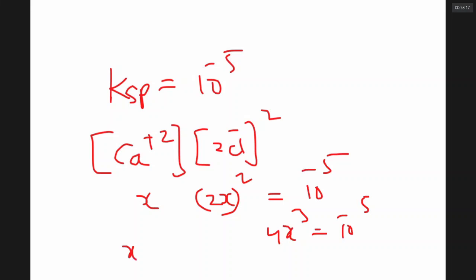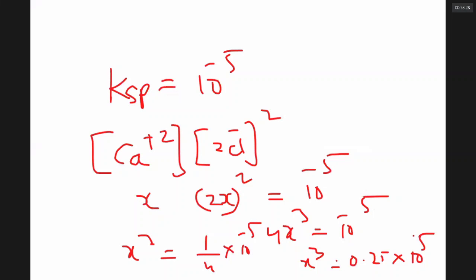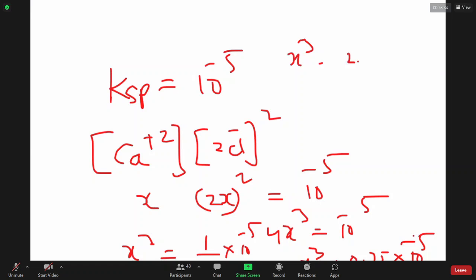X cube is equal to 1 by 4 into 10 to the power minus 5. X cube is equal to 0.25 into 10 to the power minus 5. So X cube is equal to 2.5 into 10 to the power minus 6.